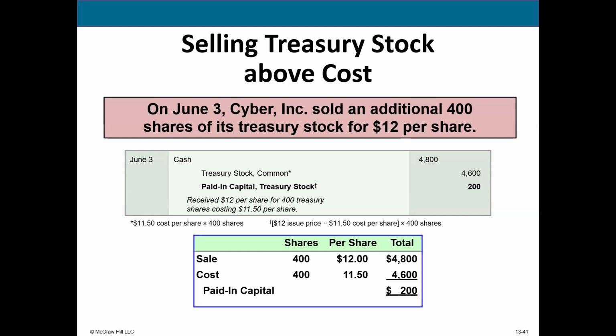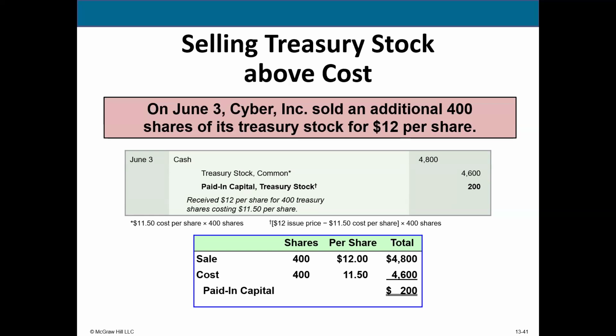So we call that difference paid in capital in excess of treasury stock. So we debit cash 4,800. We credit the treasury stock 4,600, which is the par value. And the difference, $200, is paid in capital in excess of treasury stock.